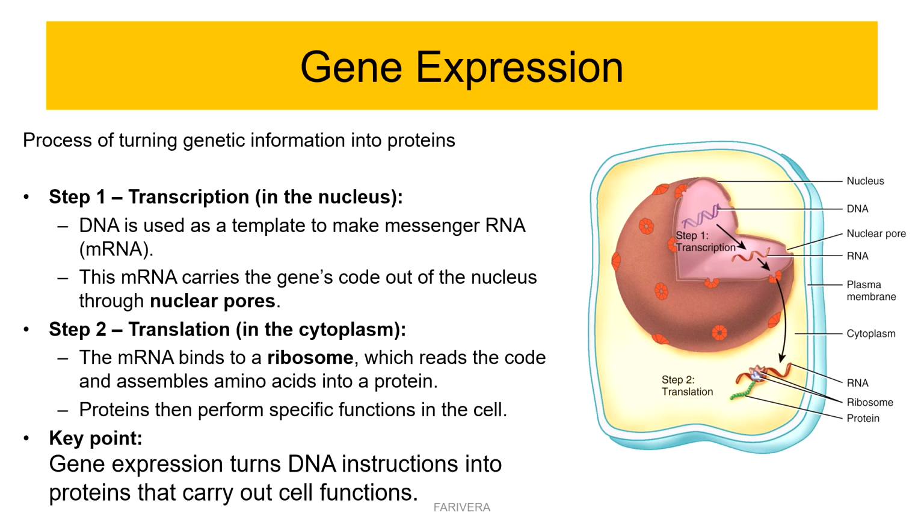The messenger RNA then leaves the nucleus. And then here comes translation. Translation occurs at ribosomes in the cytoplasm. The ribosome reads the messenger RNA and assembles amino acids into a protein. The simplest way to remember this is DNA, RNA, then protein.